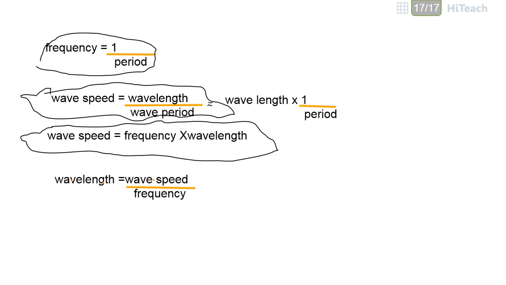You have to memorize these formulas to be able to solve the questions. Now I'll give you examples depending on these formulas, and we will start solving the questions. Let's start with the first example.